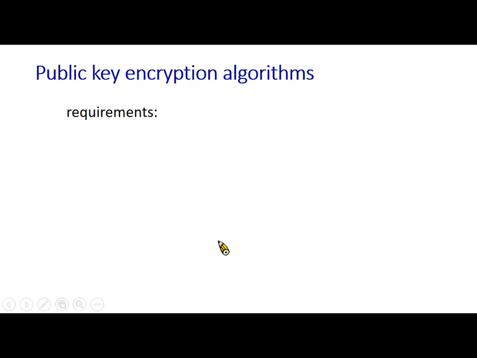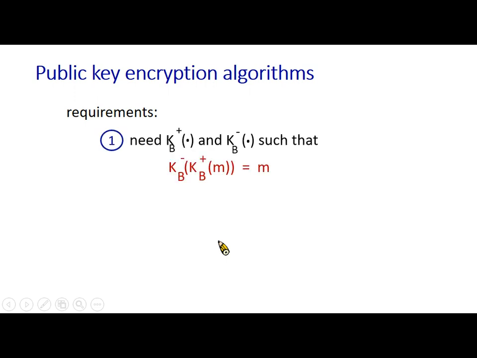So we can follow the public key encryption algorithm requirements. We need a public key, KB plus, and a private key function, KB minus. We need to agree that applying the private key to the encrypted plain text message brings back the message.